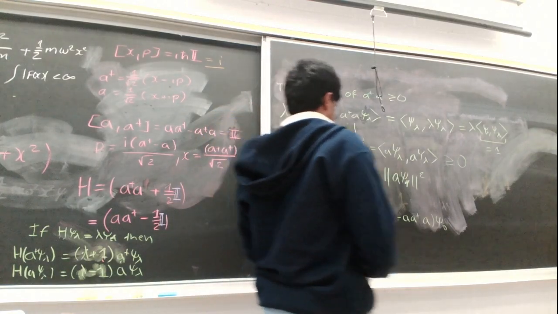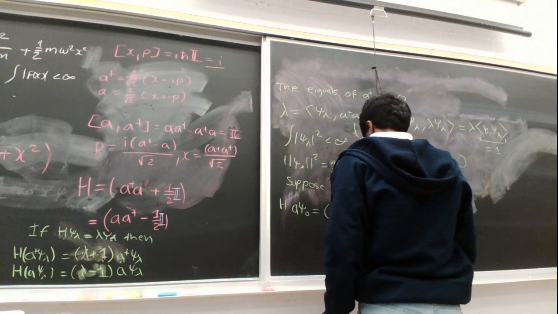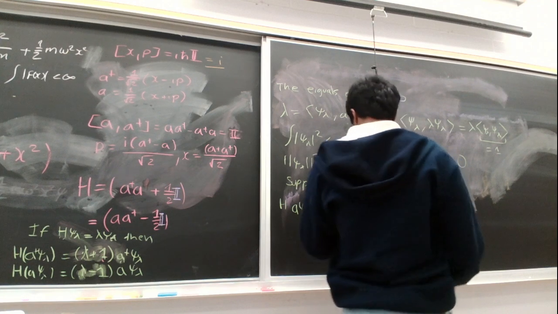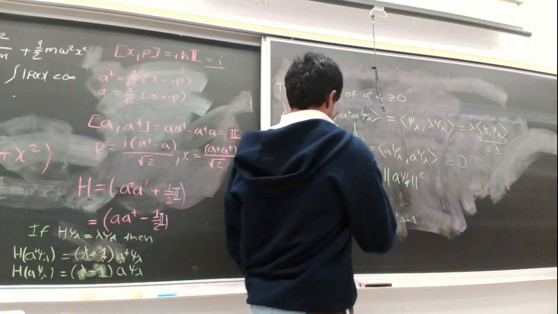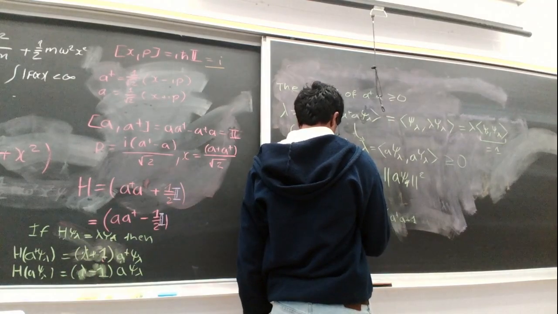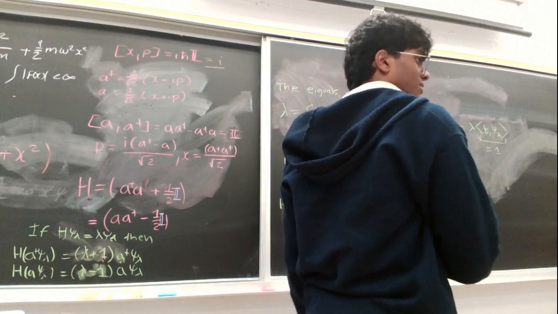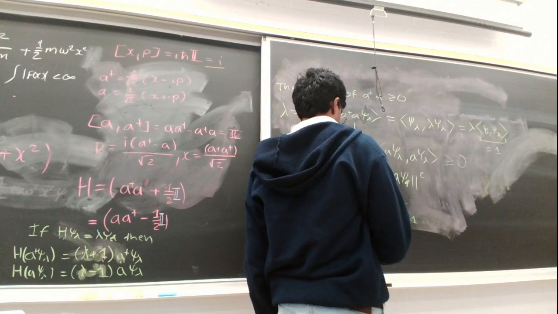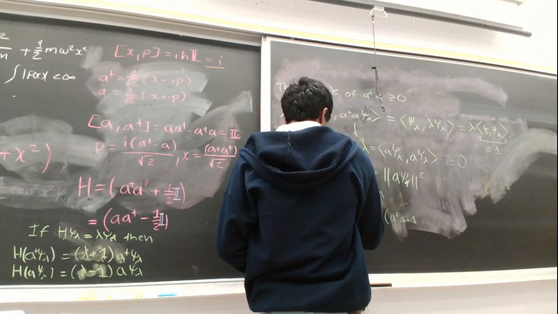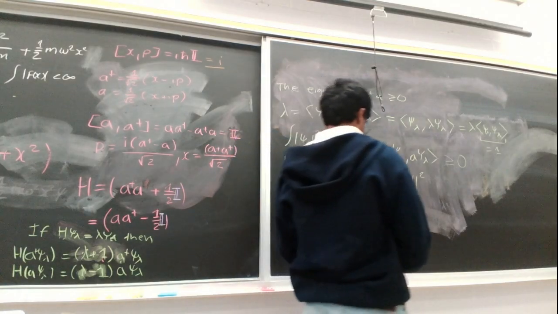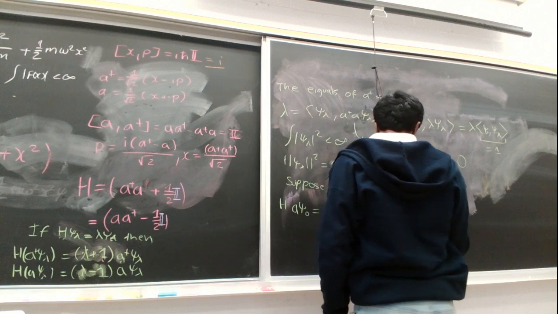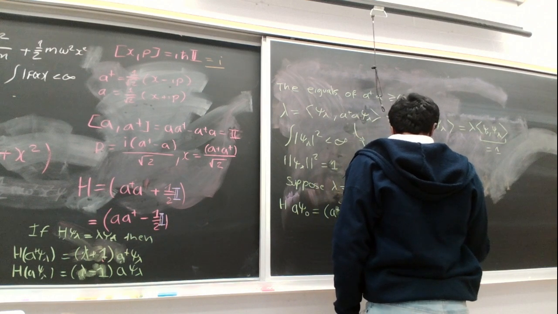Just write a dagger a minus 1 times a psi naught. No, it was a dagger a. It was correct. A dagger a equals a dagger minus 1, yes, that's right. A psi naught. Good.